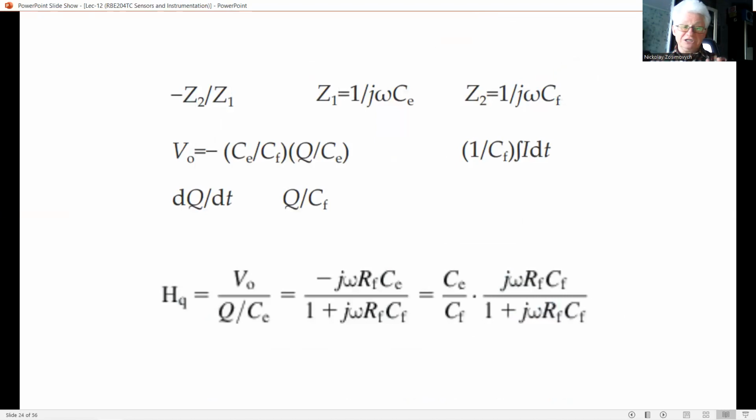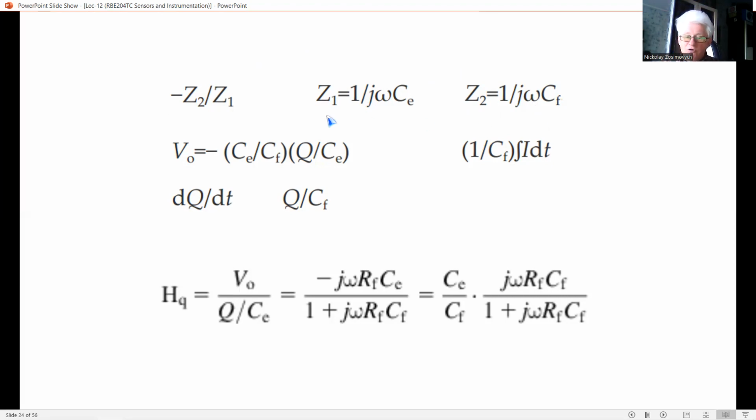Assuming an ideal operational amplifier, its output voltage is minus Z2 over Z1. Without resistor RF, Z1 equals 1 over j omega CE, and Z2 equals 1 over j omega CF.